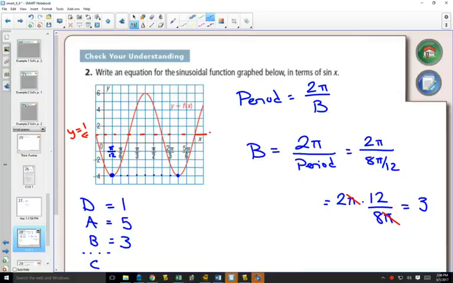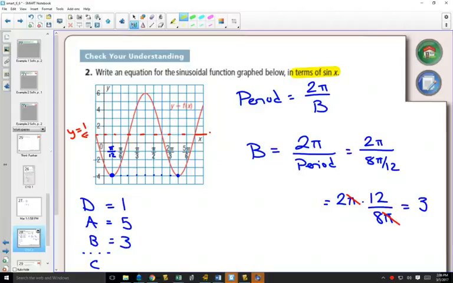And then your c value is your starting point. In this question, it said to write your question in terms of sine. So then we have to ask ourselves, where does sine normally start? Sine normally starts in the middle, going up.